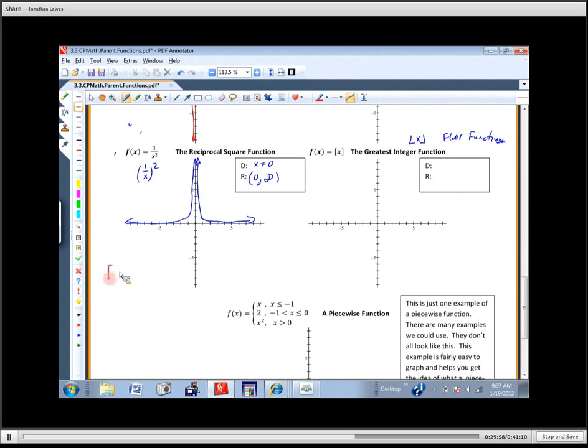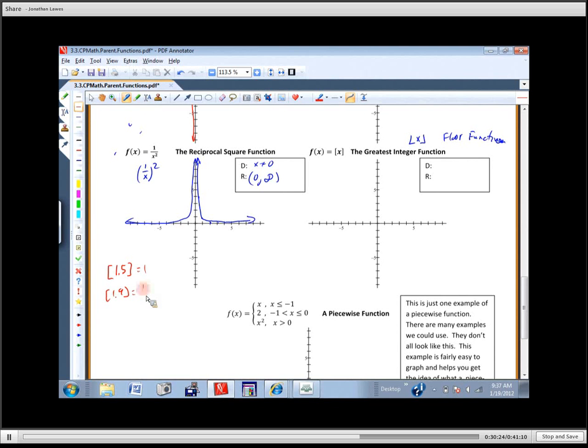Okay, if I were doing the greatest integer for 1.5? That's asking a question. What it's asking is, what is the biggest integer that's not bigger than 1.5? What's the biggest whole number that's not bigger than 1.5? 1. If I did 1.9, what's the biggest integer that's not bigger than 1.9?